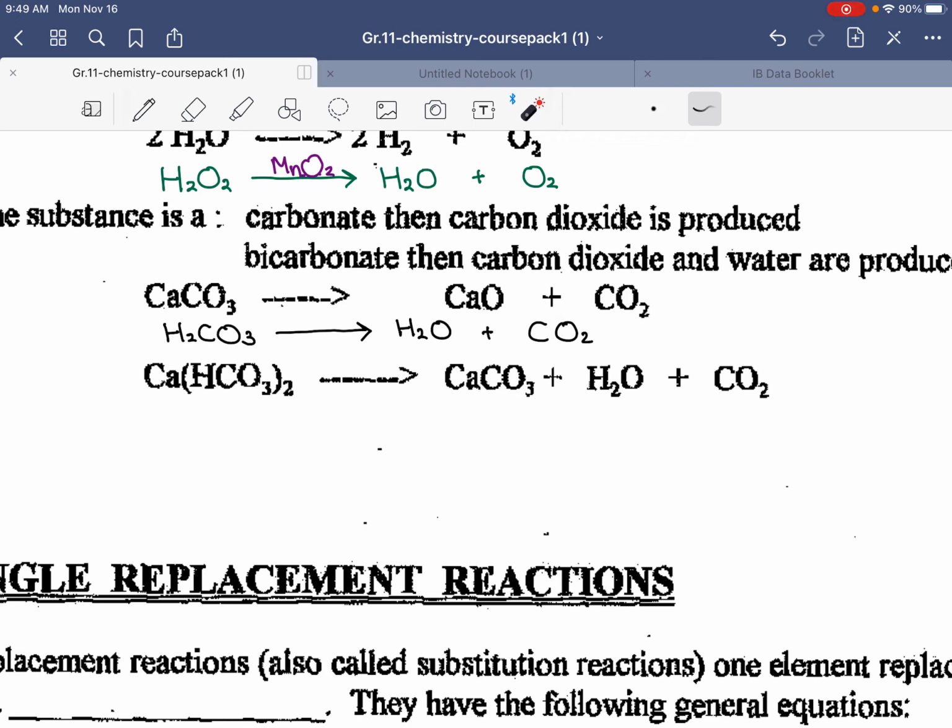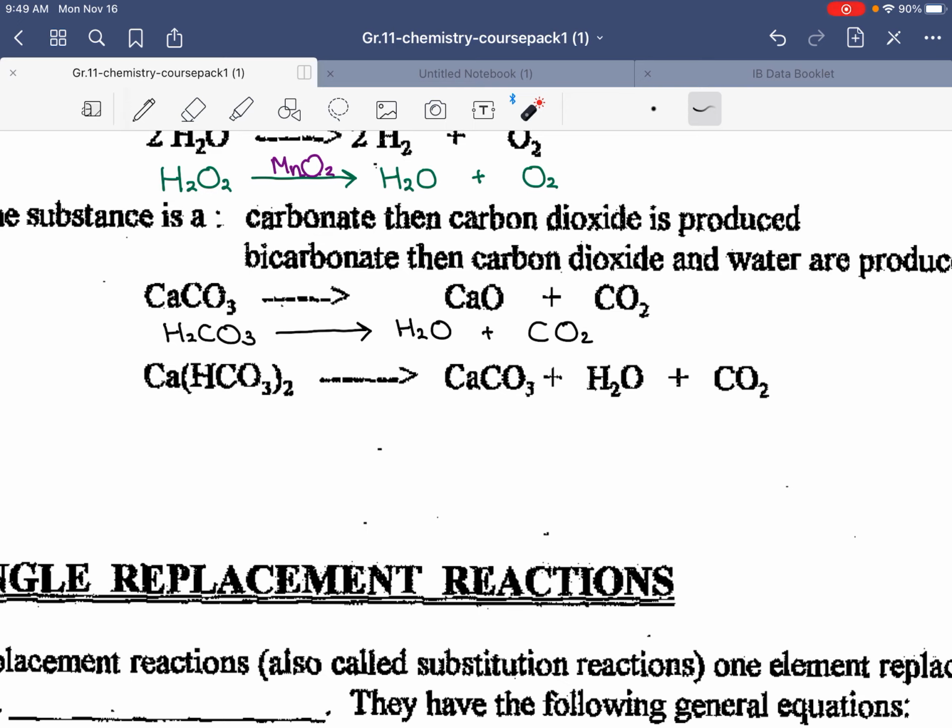Again, CO2 is generated, just like what we saw before. But instead of a metal oxide, in this case we don't have a metal, it's hydrogen in place of a metal, we have a non-metal oxide in the form of water. It's a very classic example. It's a very important example.